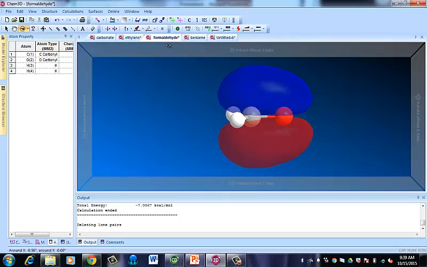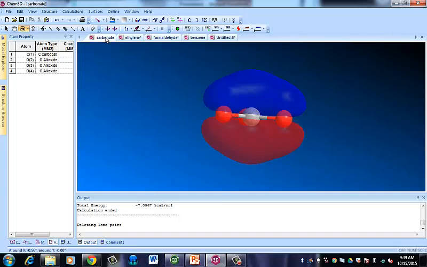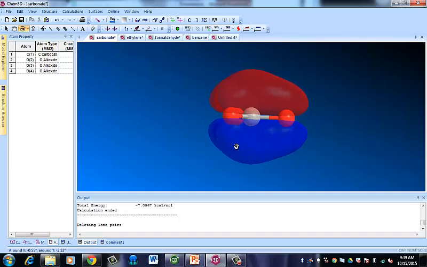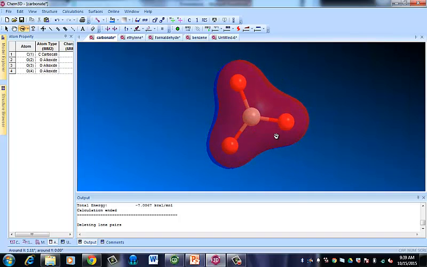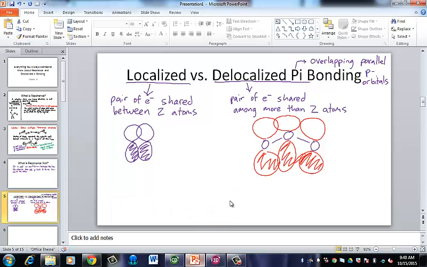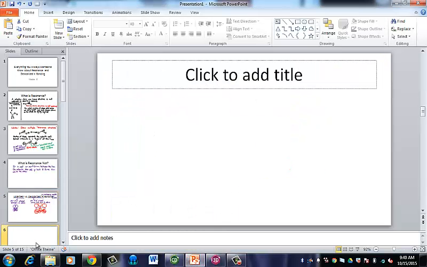Delocalized pi bonds can be found in things like the carbonate ion. So this is CO3 2 minus. So in CO3 2 minus, I've got 3 equivalent bonds between carbon and the 3 oxygen atoms. And the pi bond, notice, is spread out over all 4 atoms. So just to draw what the resonance structures look like for that.